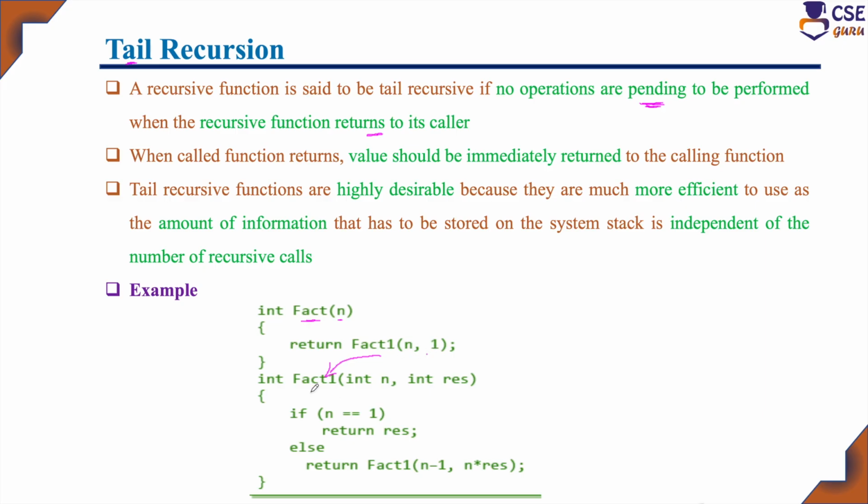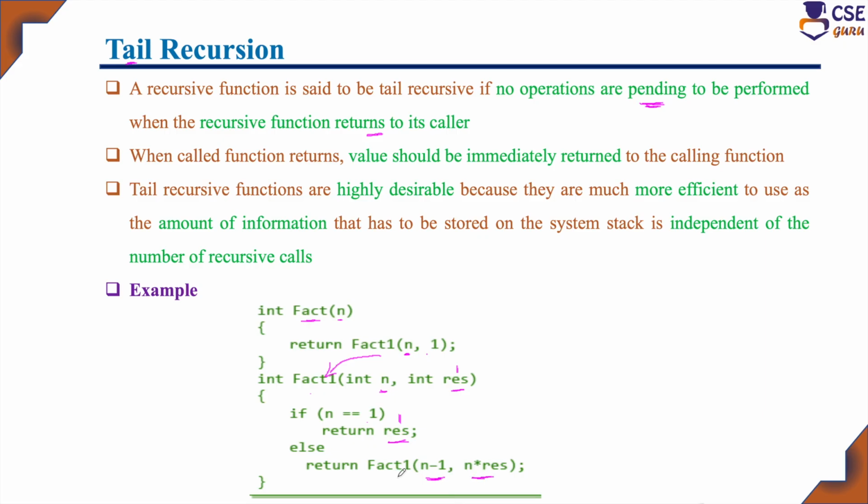This second function takes the n value you have given, and the result will be considered as 1 here. If n value is 1, it will return the result. Else it will perform fact of n minus 1 comma n into result.